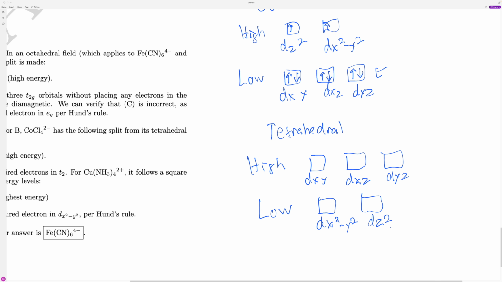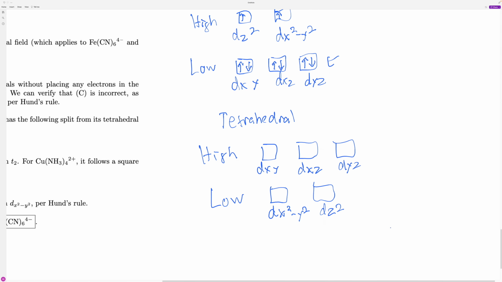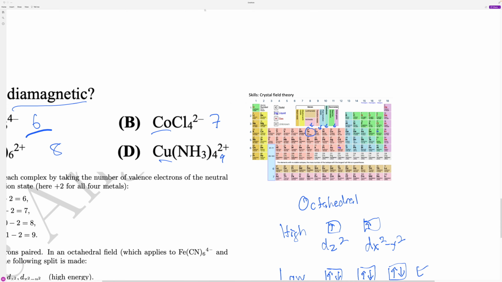And for choice B, we have a d count of 7. So let's go through and figure out if it's going to have any unpaired electrons. And in fact, it has 3 in the high energy orbitals. So we can also cross off B.